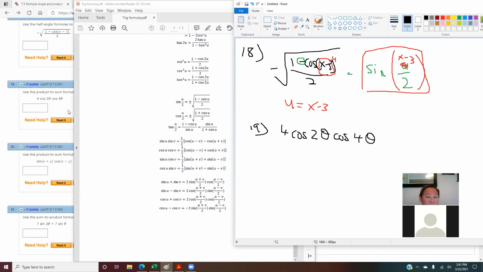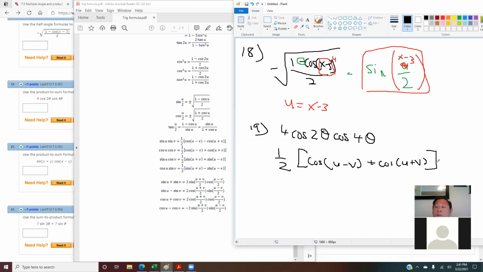It's cos, so it would be the second one. So you will use the second formula, which is 1/2 cosine u minus v plus cosine u plus v. Now, what is your u and what is your v here? Don't forget, the first one is your what?